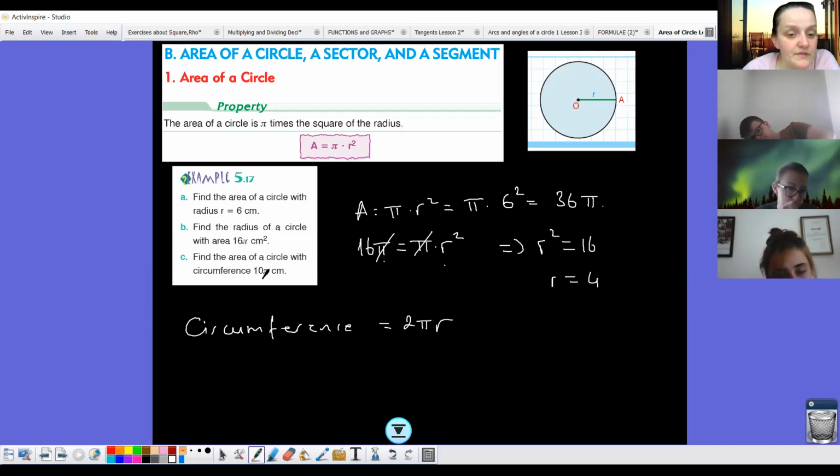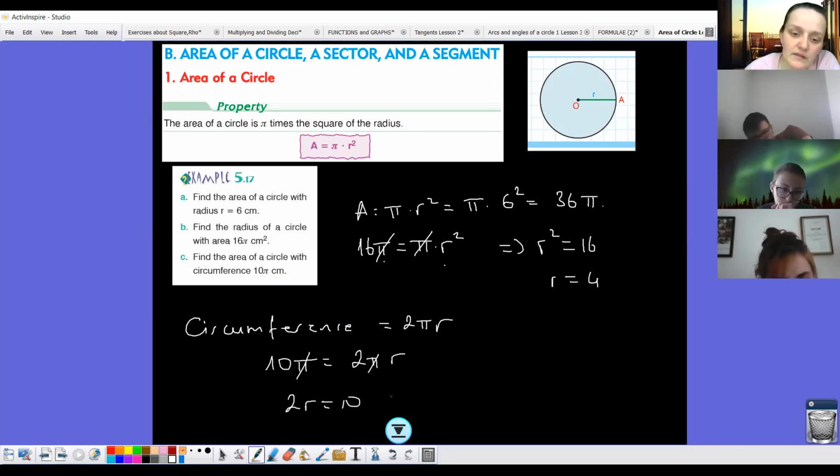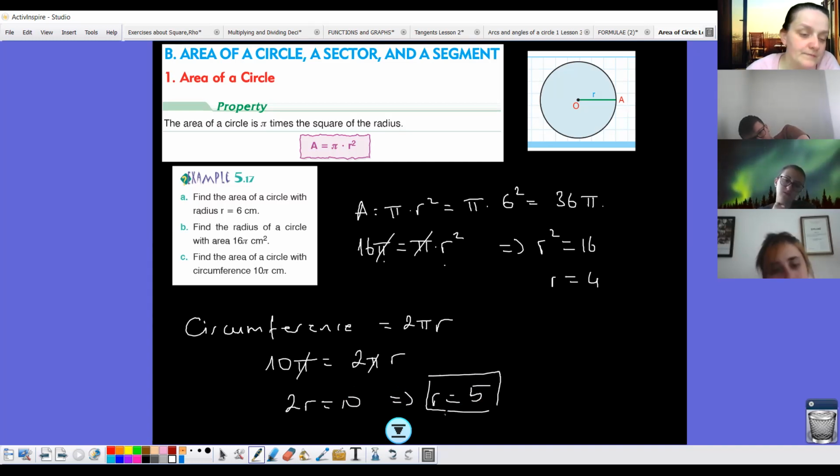So if circumference is 10 pi, it will be 2 pi r, then the pi's will go. 2r is equal to 10, then r is equal to 5. Okay?